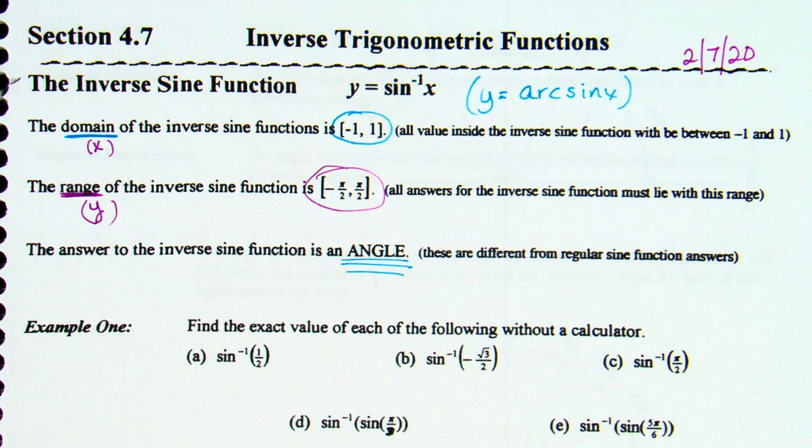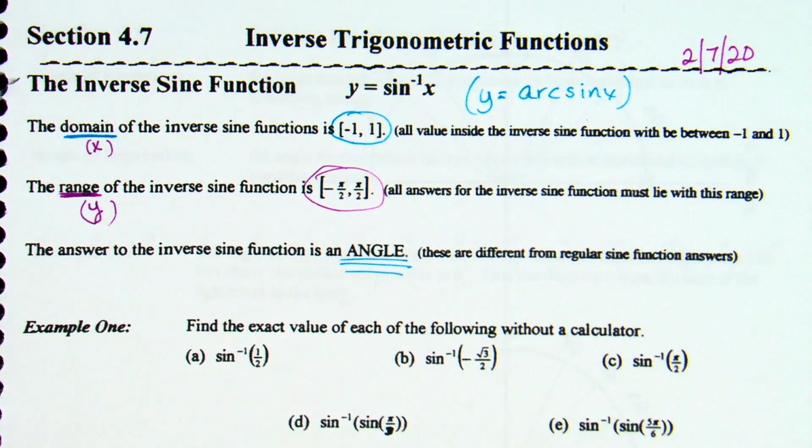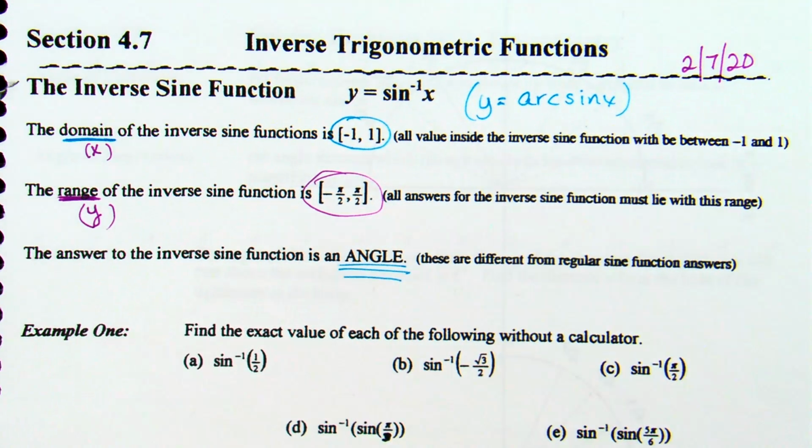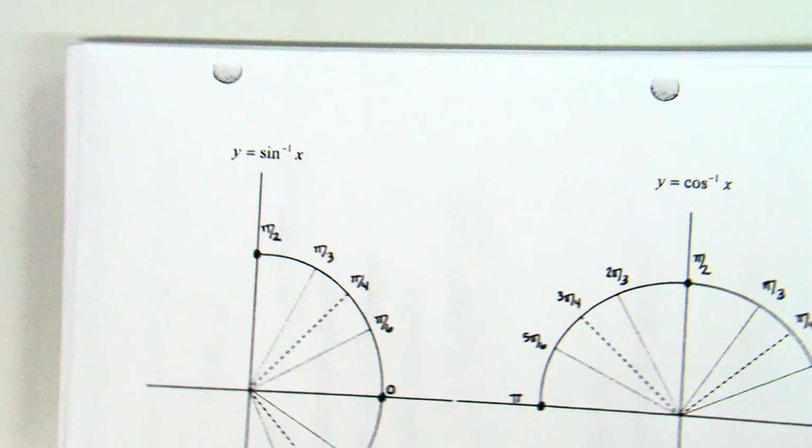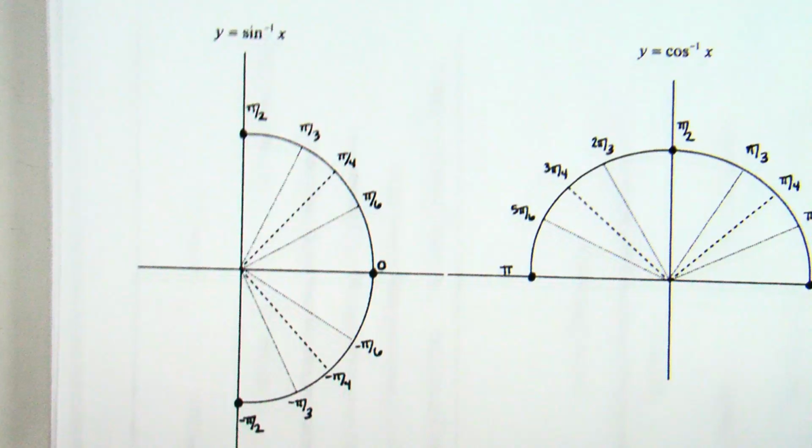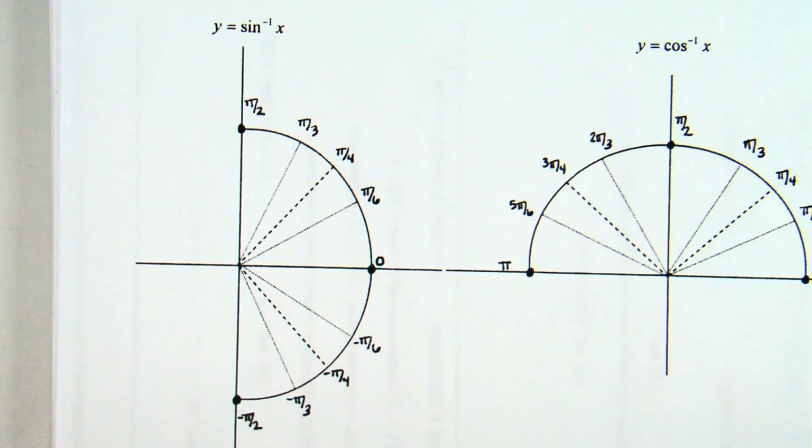Now, before we go on, we're going to flip to the back side of the notes for a moment. There's something I need to show you. If we flip to the back side of the notes, there are 3 half circles, yes? We're only going to focus on sine inverse for the moment.